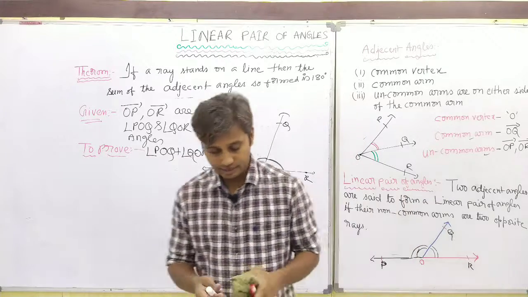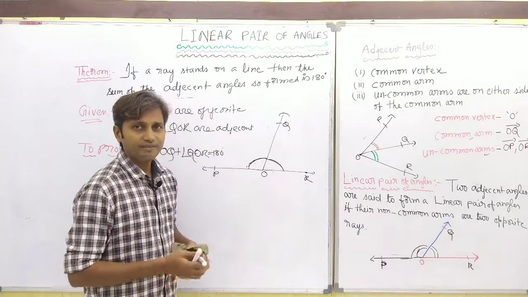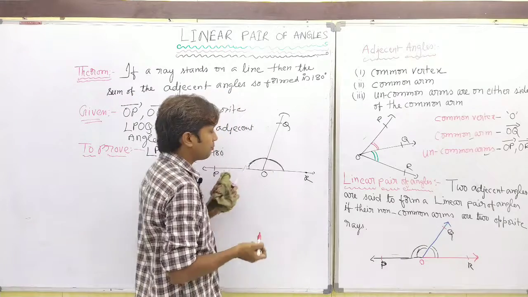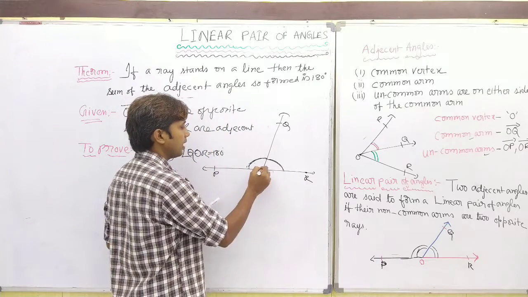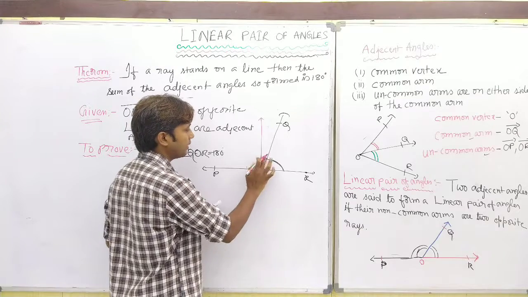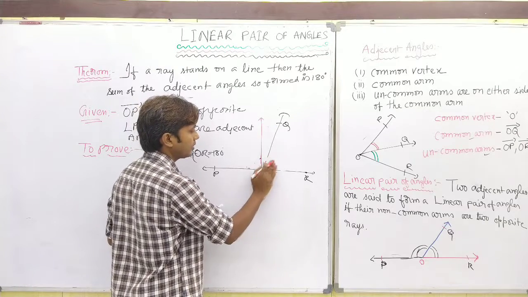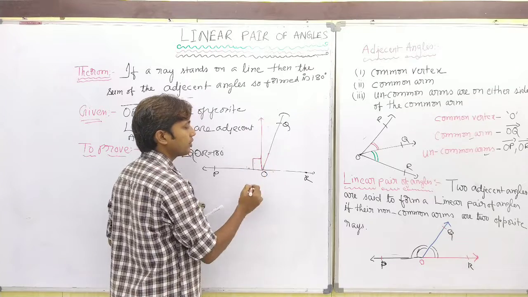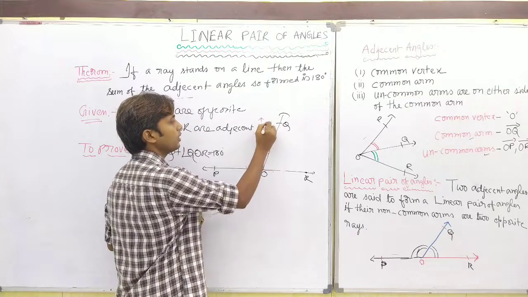Just a small thing, we have to draw the perpendicular to the line PR at point O. So there we have drawn a perpendicular over here. Like this we have drawn a perpendicular which is OE.